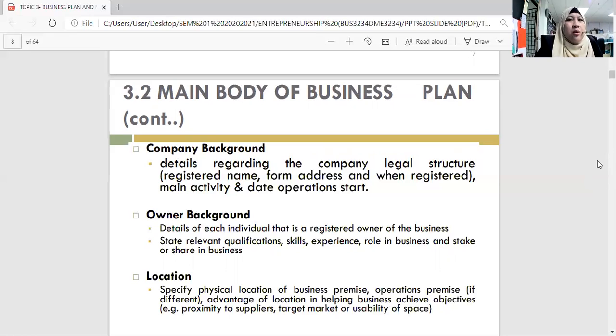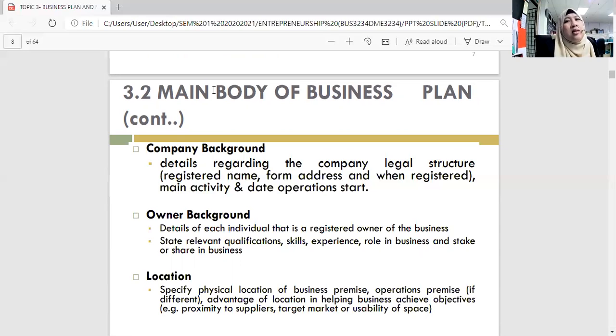And when your registration is, that one you can actually create, because you are assuming that you are doing your business. And then the main activity refers to your activity, like this one is a cafe. So they provide drinks and foods to the customers, and the date operation started.